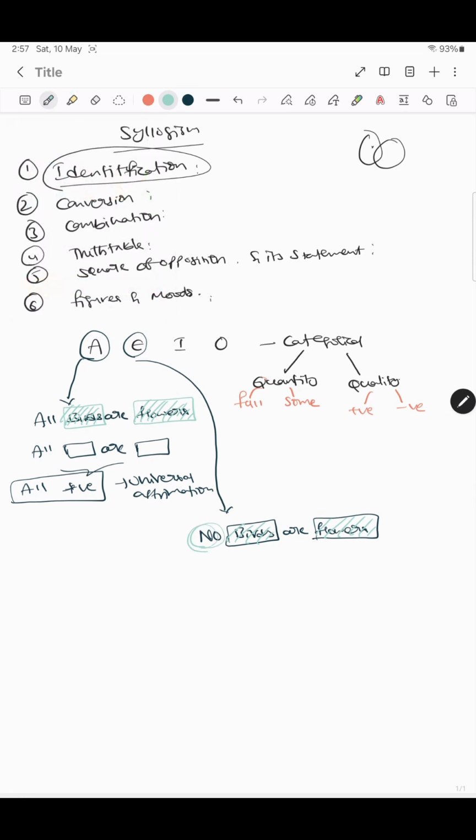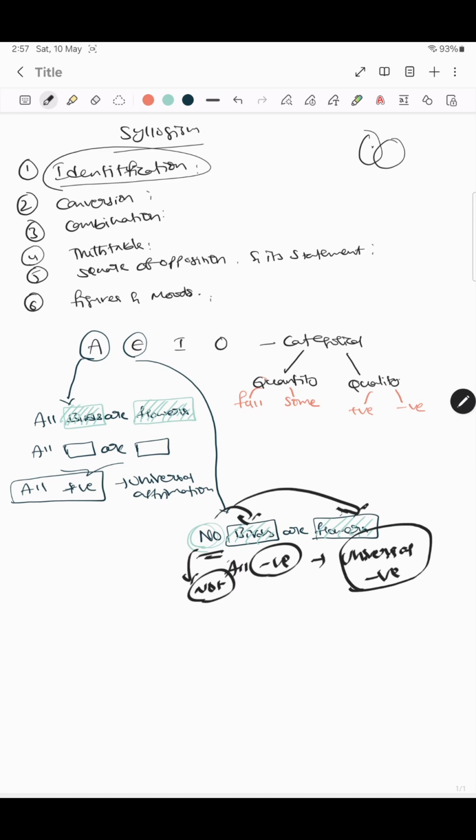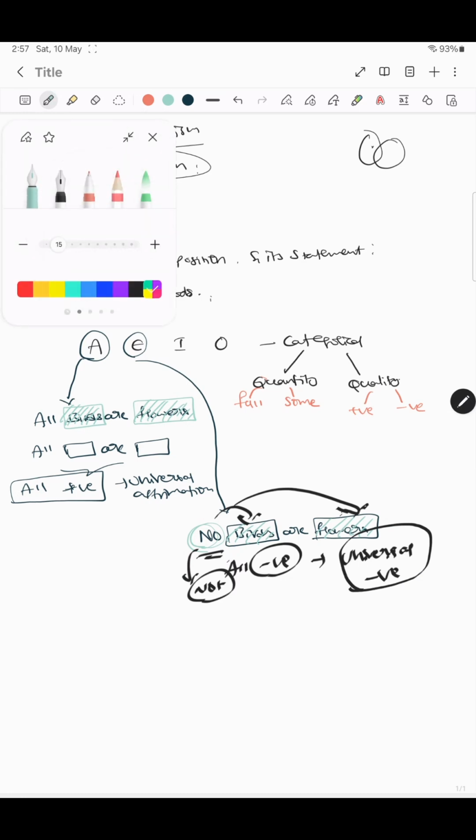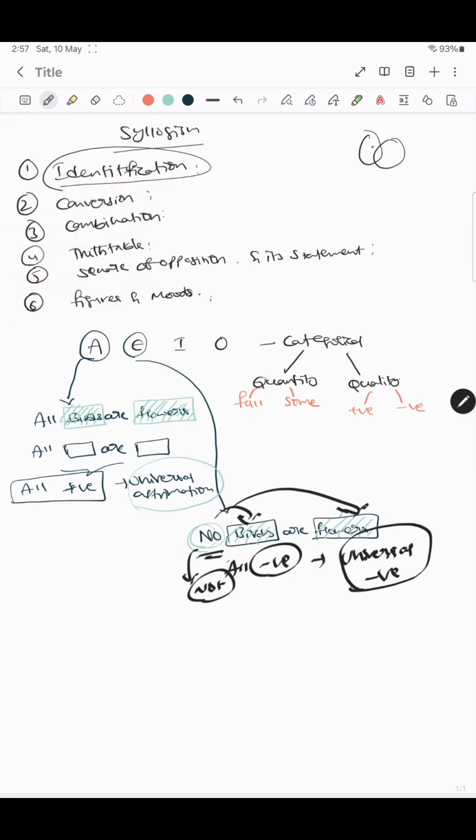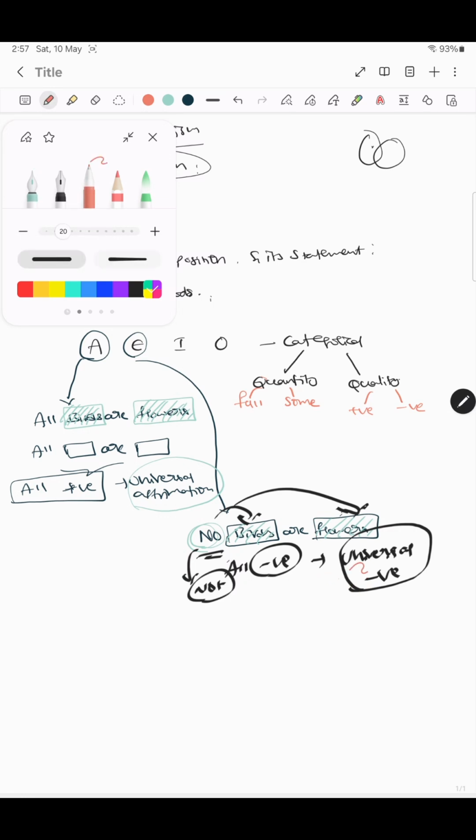I consider no as not. So all negative: this no holds for birds also, and for flowers also. That is why I am calling it all negative, which they call universal negative. So we have two things here: one is universal affirmation, one is universal negative.